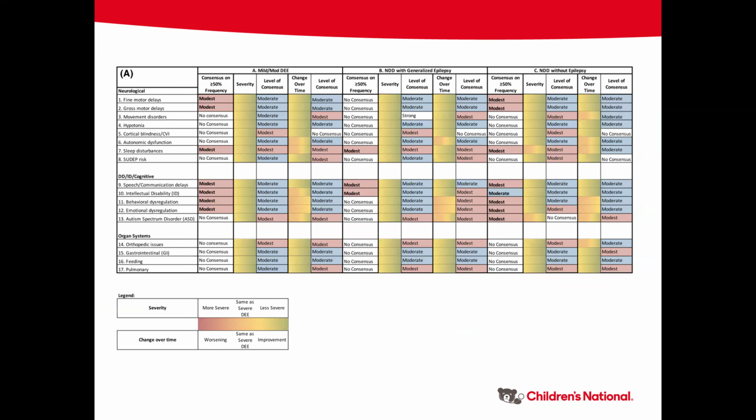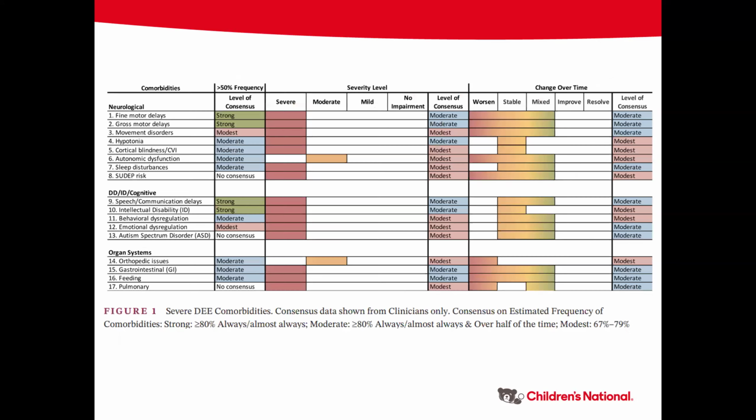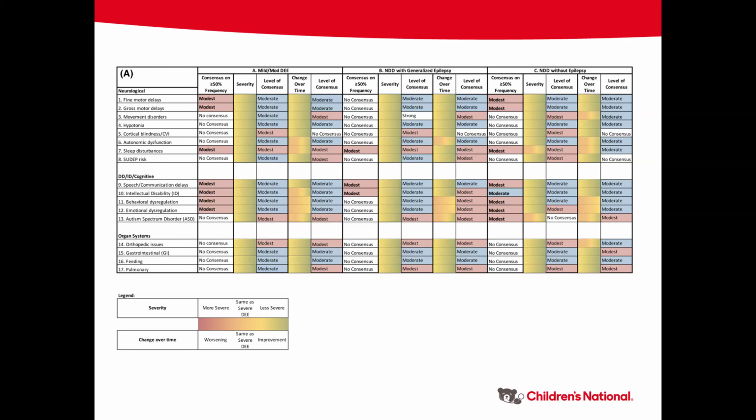One thing you'll notice, I think, here is that the autism spectrum disorder and behavioral problems are probably more common in this group than you saw in the developmental and epileptic encephalopathy. Whereas also, I should say, were some of the more prominent features, I think, and felt to be more severe in these patients, whereas a lot of these other things were not felt to be as severe.